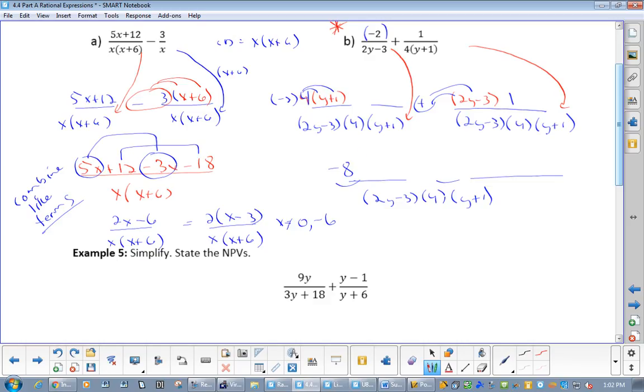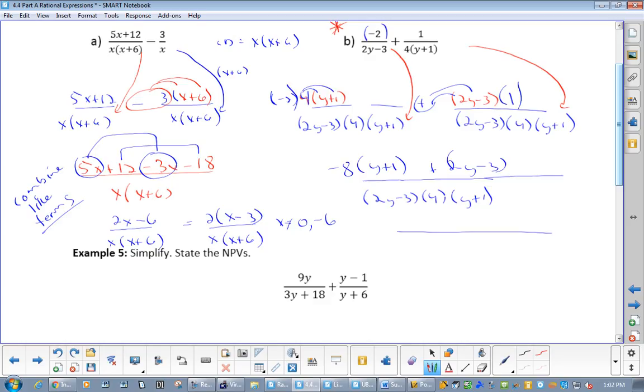So I'm not going to skip this step. Negative 8y plus 1 plus 2y minus 3. Okay, so I'm not going to skip that step, but I should have put it in brackets in the first place. Okay, always put it in brackets. That helps you do multiplication.